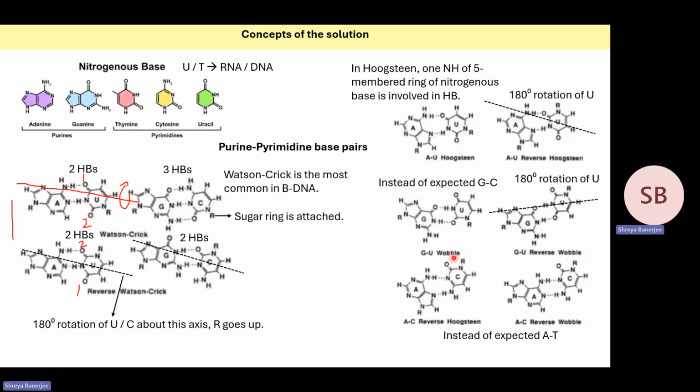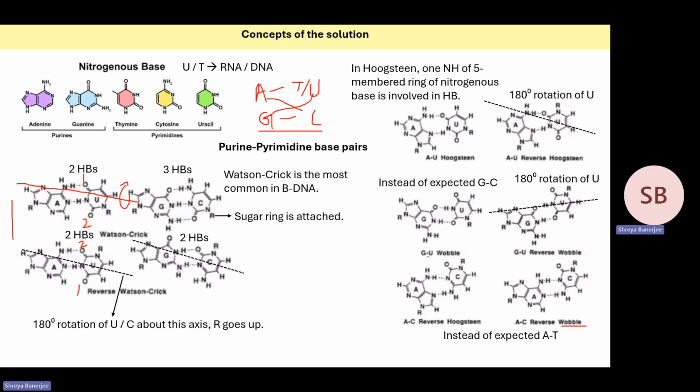Wobble is the case where the pairing changes. So instead of A with U, G goes with U. We know that both Watson-Crick and Hoogsteen tell you A should go with T or U and G should go with C. Now, if there is a mix up, A goes with C, that is basically wobble, or G going with U, that is also wobble.